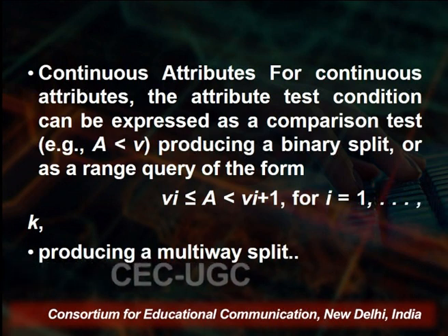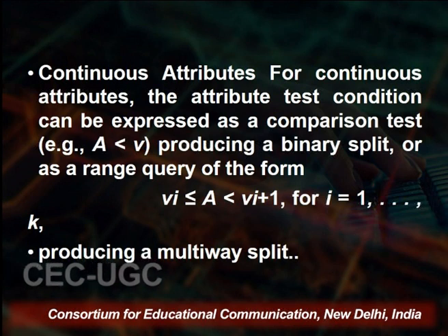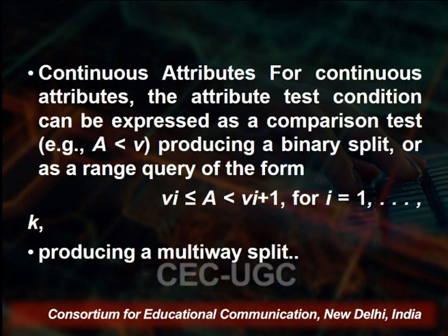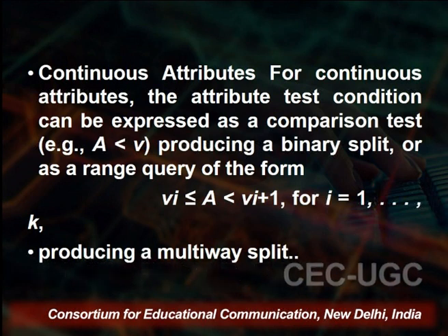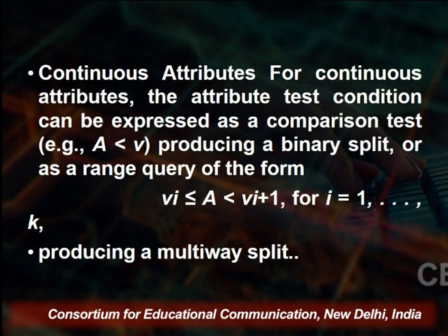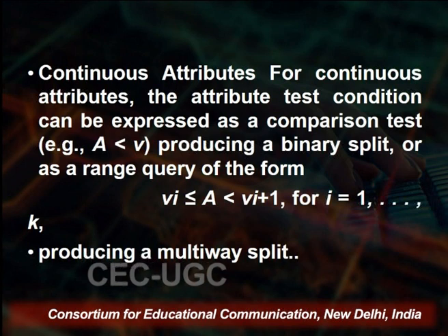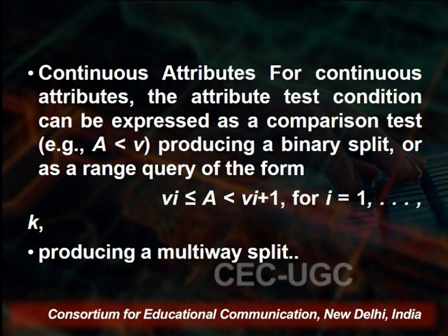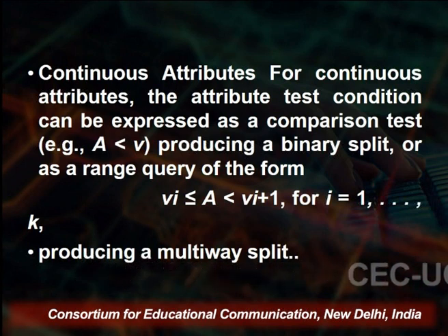If it is more than that value, you will put it in the other class, right. So we have, say for example, if we have values from i to k, so we will compare the attribute value vi, okay, and the next attribute value vi plus 1, okay. So this way we will produce a multi-way split.